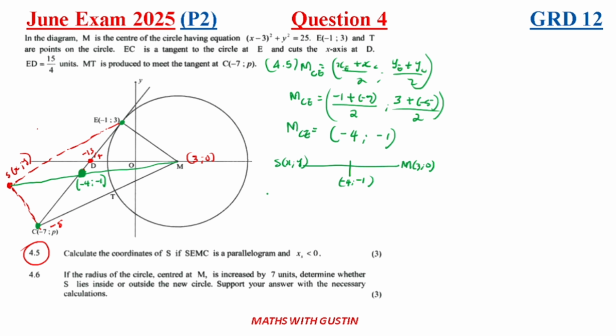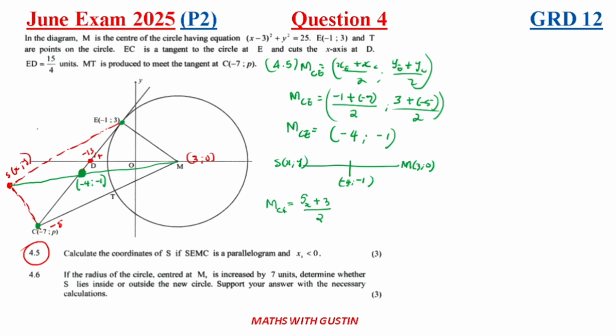So on the point S, X, okay, we're going to have the midpoint of EC at X is equal to SX plus the X value here at M all over 2.